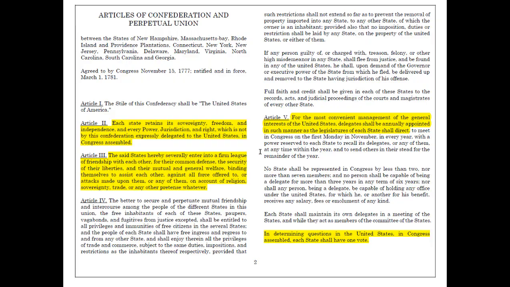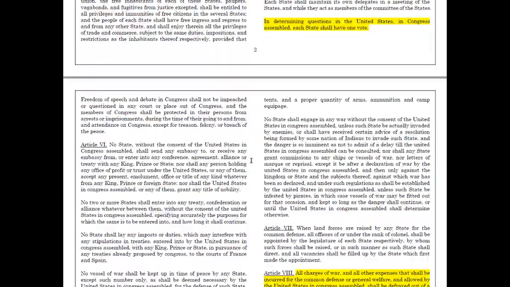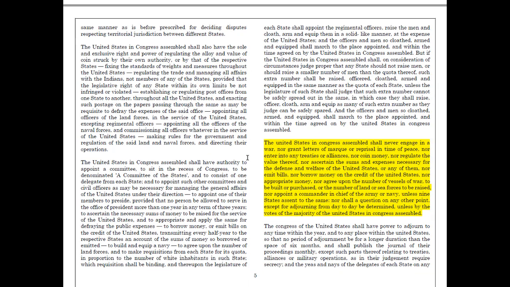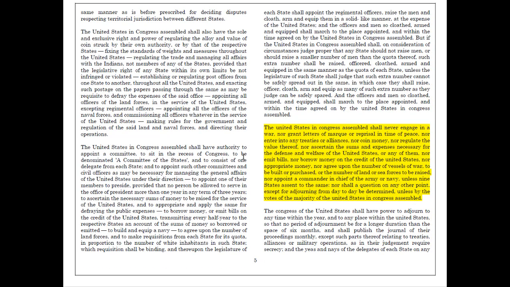Now, if we skip ahead towards the end of the document just to conclude the discussion of voting, we notice one further aspect, that it requires a supermajority of 9 votes in the Continental Congress to act upon virtually any bill.